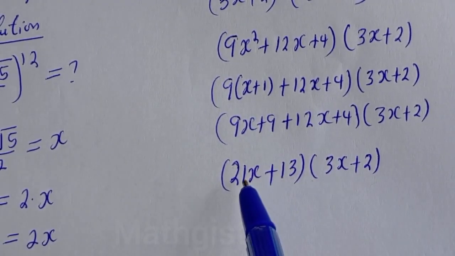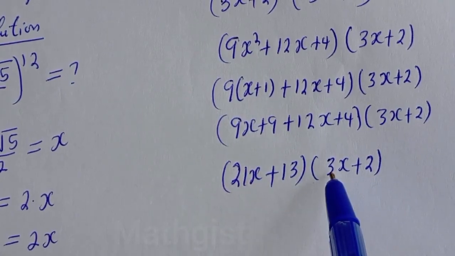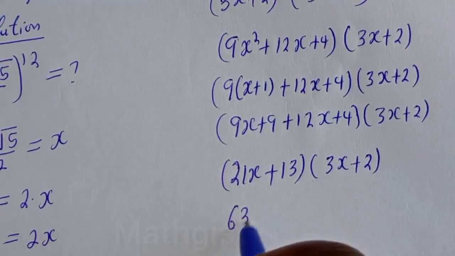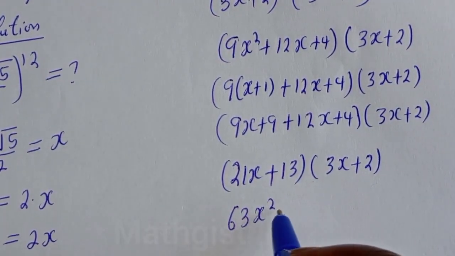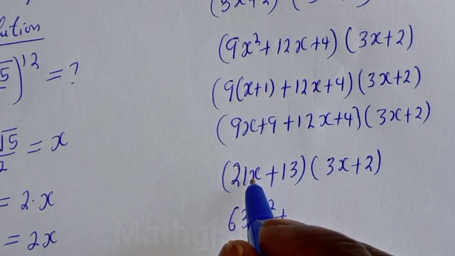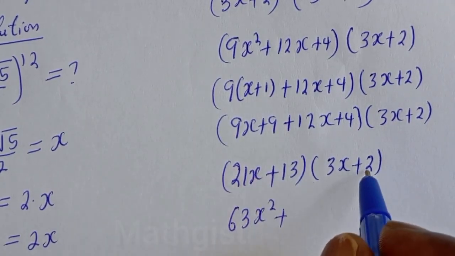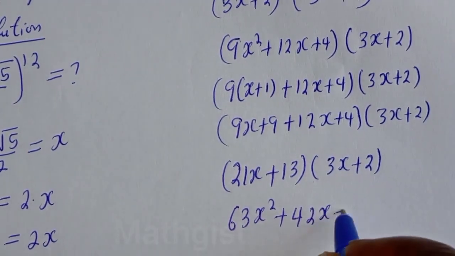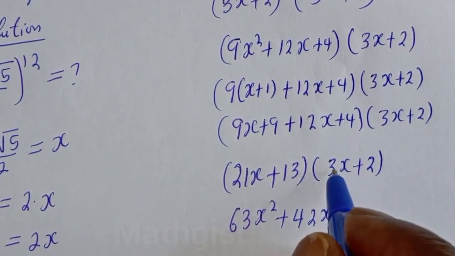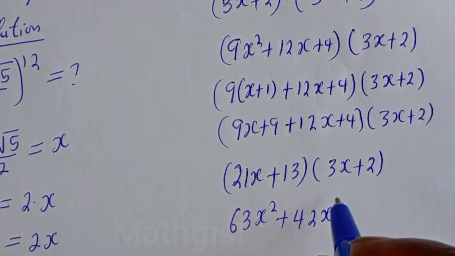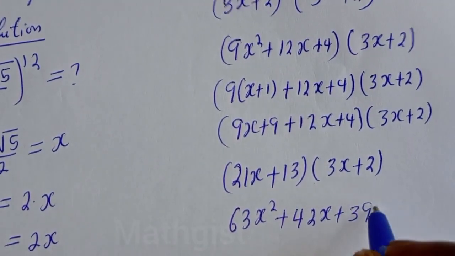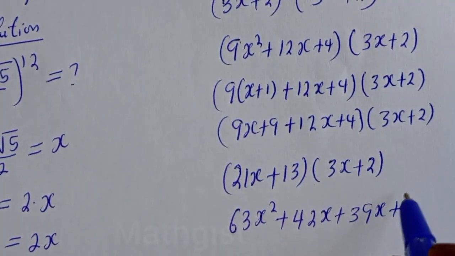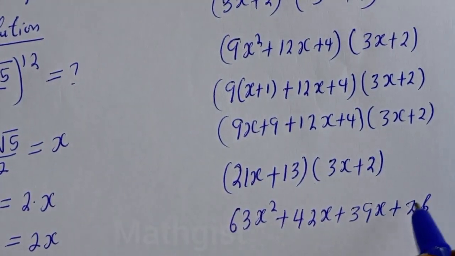Now let's multiply our 21x multiplied by 3x. This is 63x² + 21x multiplied by 2, that is 42x, plus 13 multiplied by 3x, it is 39x, plus 13 times 2, 26.